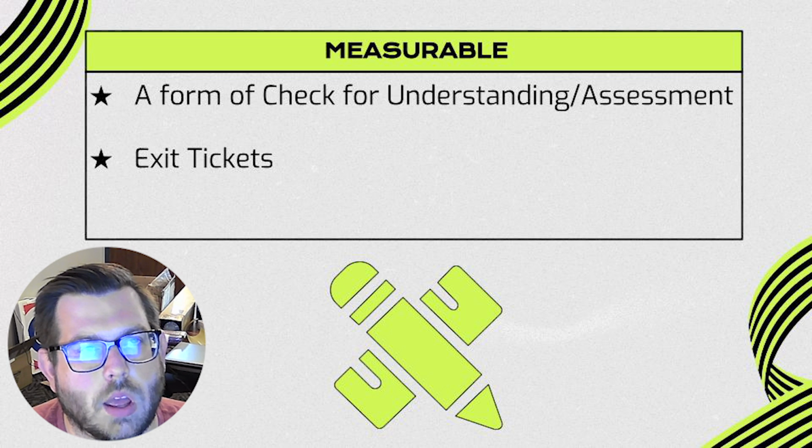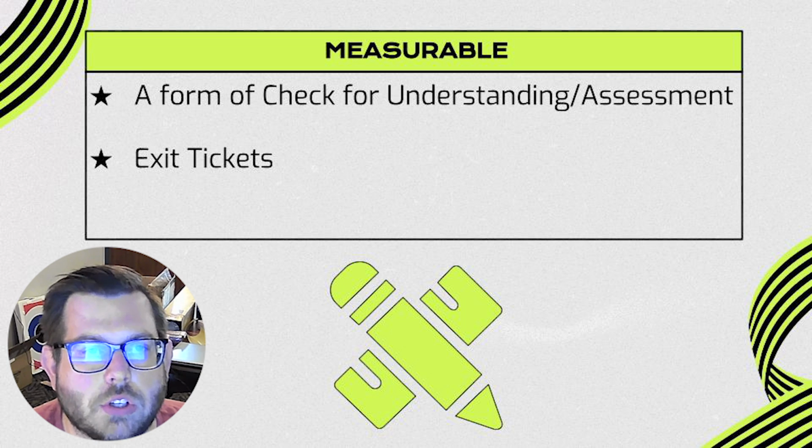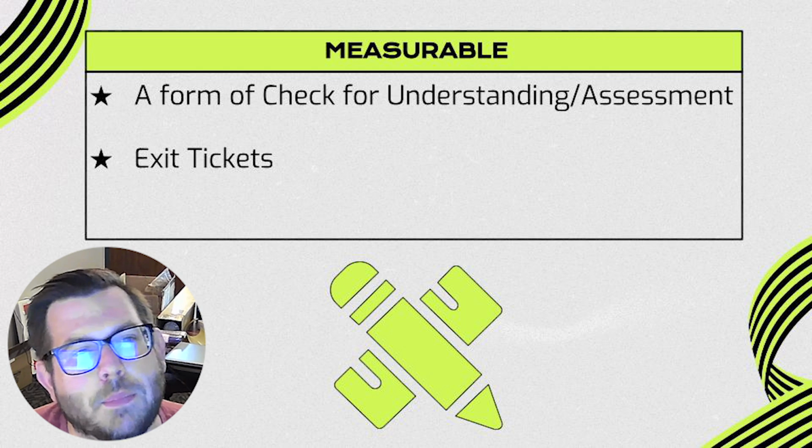So, again, it comes down to not necessarily having to have a test or a really big task for students to complete. You just want to be able to say, okay, at the end of the lesson, here's what I want students to be able to do, and here's how I'm going to know that they know how to do that.